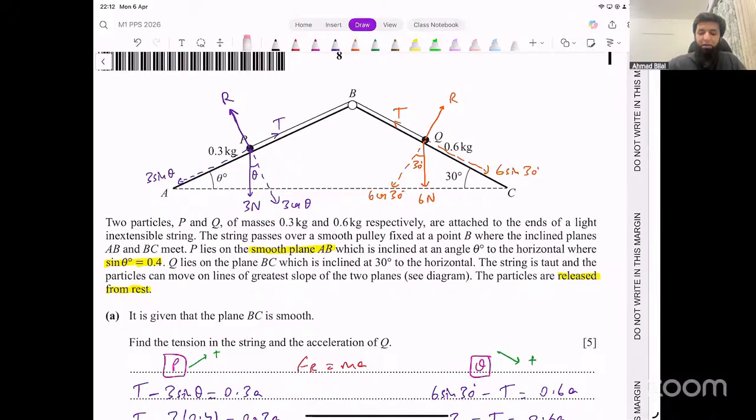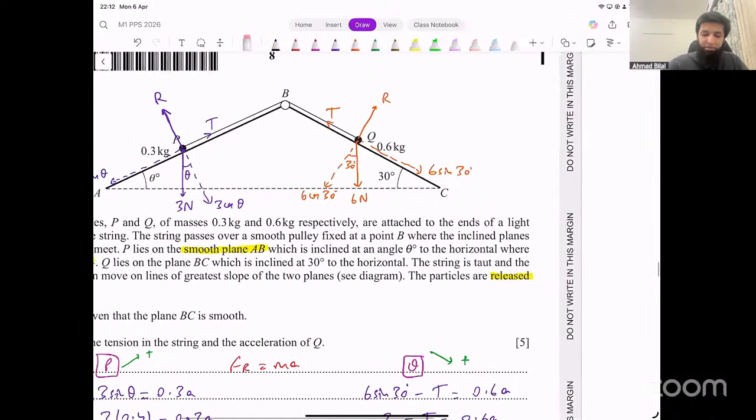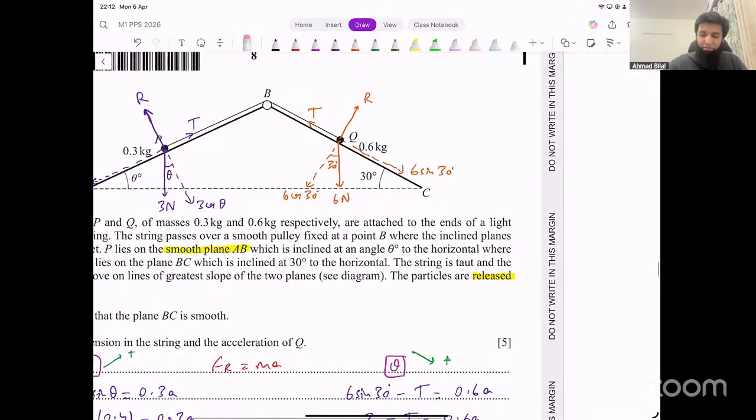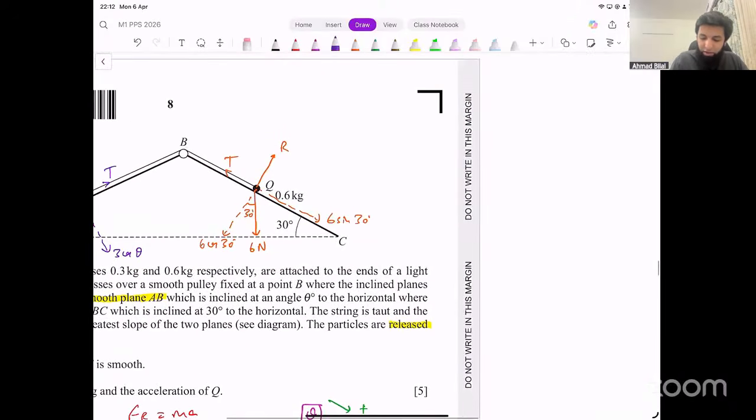Now, how do we do that? Let's suppose Q moves 2 meters downwards. I'll draw that triangle here. This is Q. It moves 2 meters downwards. This length is 2. This angle is 30 degrees. Now, if it moves 2 meters downwards, what's the change in vertical height?